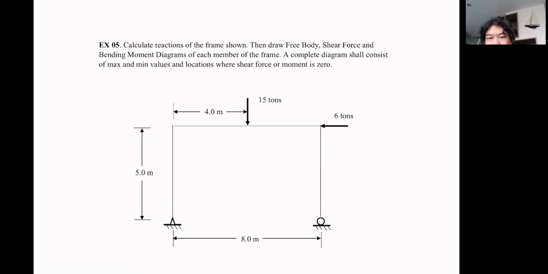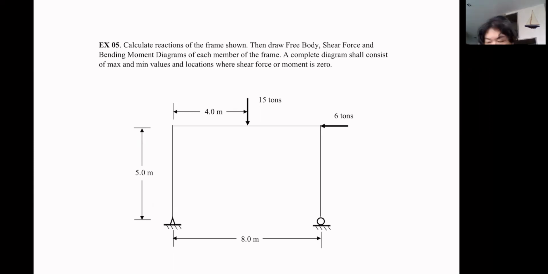But one thing I can tell you right away is that when you see that this frame has the vertical load of 15 tons, to go on and assume that this is 7.5 and this is 7.5, this is wrong. If you have 15 like this, it's going to be 7.5 and 7.5.